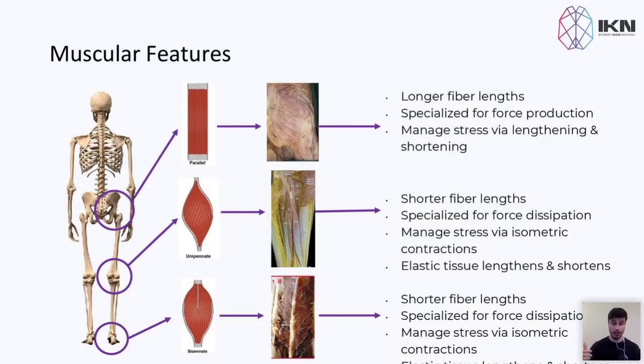So what has to happen now as a compensation is that the glute needs to take on a role that it shouldn't have to take on. So now the glute is actually acting like the calf when it shouldn't. So now you have a muscle that should be able to lengthen and shorten, but now it's contracting isometrically to try and manage the pressure moving through the limb.